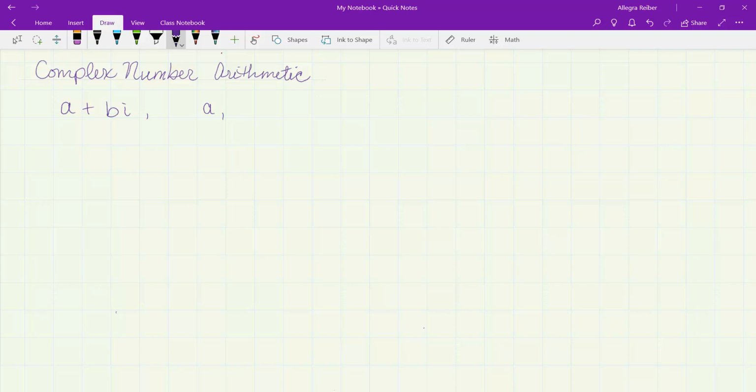Here a and b are both real numbers. Either one of them could be 0. And the i represents a number such that i squared equals -1.